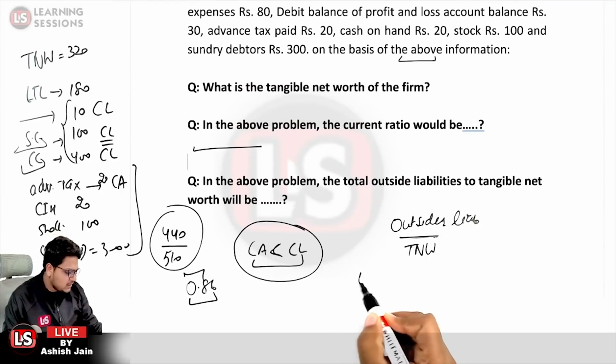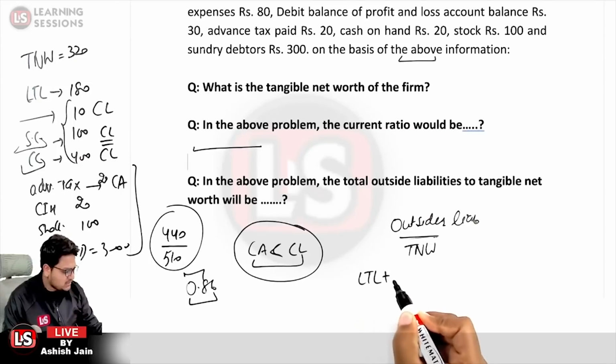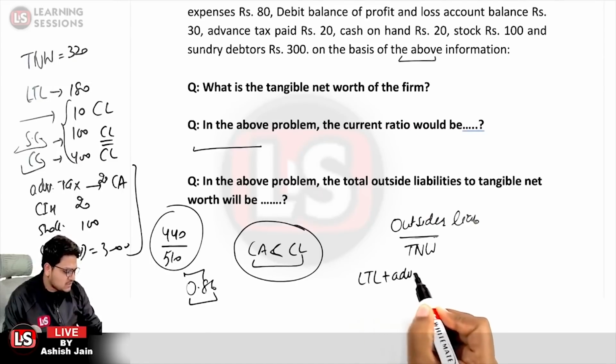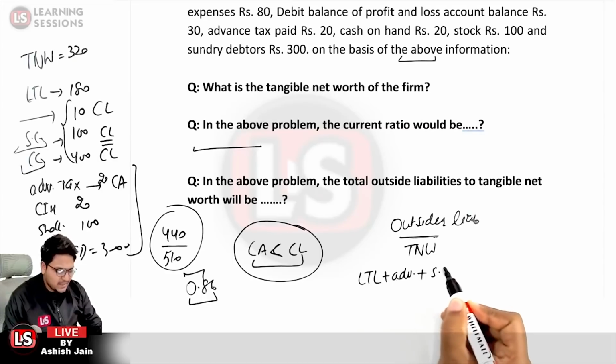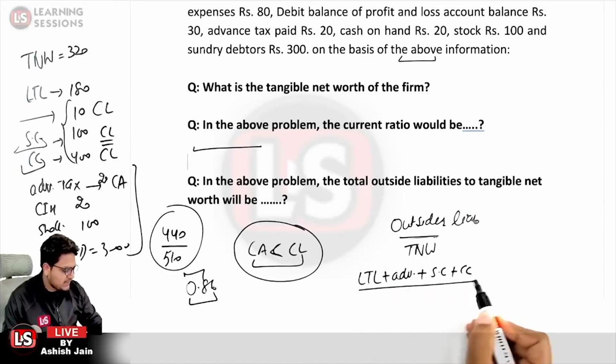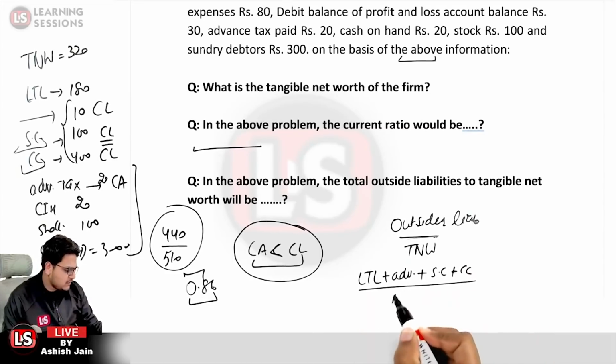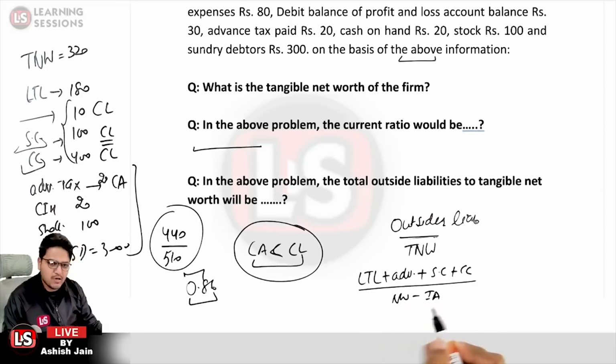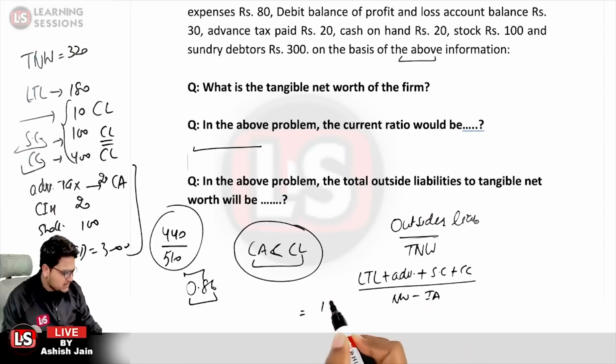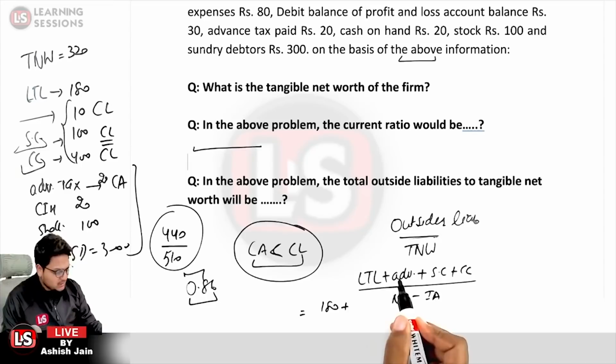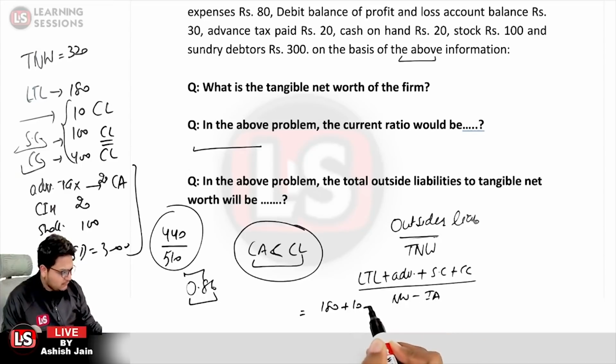The components are long term liabilities plus the advances from the customers plus sundry creditors plus CC limit, divided by the tangible net worth, which is net worth minus the intangible assets, which we have already calculated. So long term liabilities are 180, advances from customers 10, sundry creditors 100, and CC limit balance 400, divided by the tangible net worth we calculated as 320.